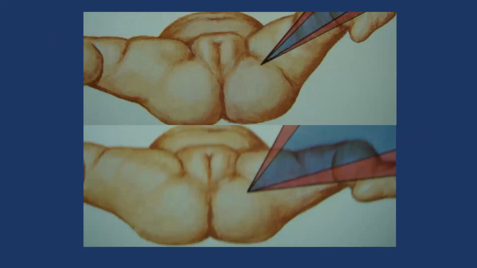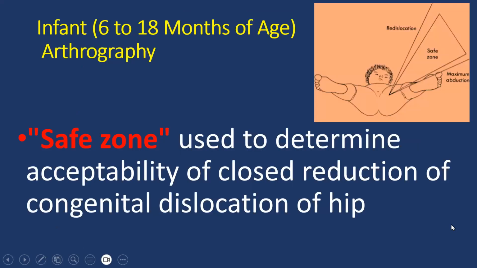This is the safe zone of Ramsey. This is the zone in which the hip should remain stable in the acetabulum. This is a low zone if they dislocate. It's used to determine the acceptability of closed reduction of congenital dislocation of the hip.